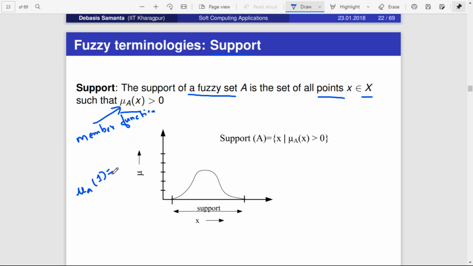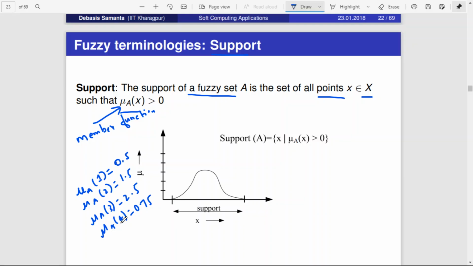For that, if you got 0.5, then mu A of 2, say you got 1.5; we are not discussing the function, it may be some function. Mu A of 3, if the result is 2.5. Mu A of 4, if the result is 0.75. Then the support of a fuzzy set A is a set of all points x whose membership values are greater than 0.